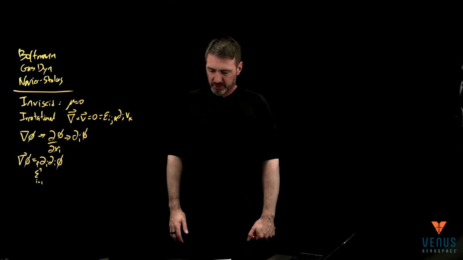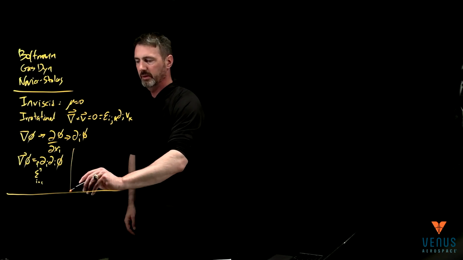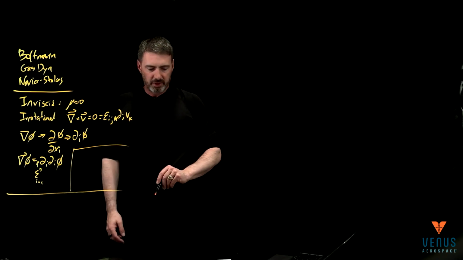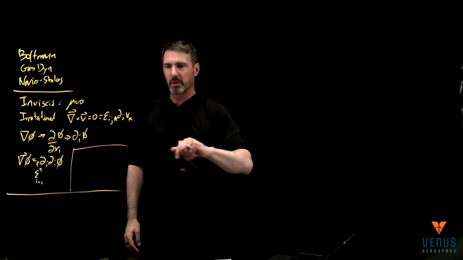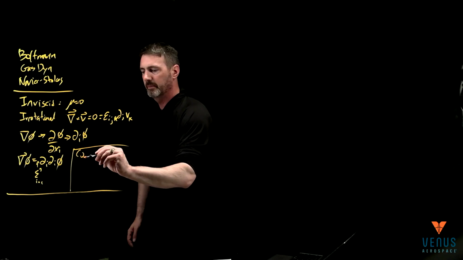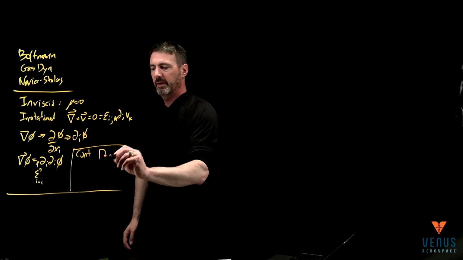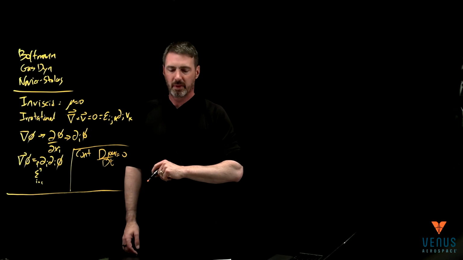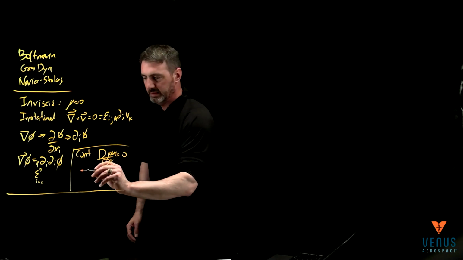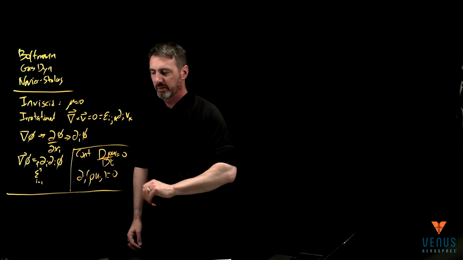So if we have these assumptions, I wrote down inviscid, but let's write down our continuity equation, and then I'm going to come back up here and do a lot of the work. Just remember continuity, conservation of mass. We'd start off and say d rho by dt is equal to 0. Okay, and so that's del_j of rho u_j is equal to 0.